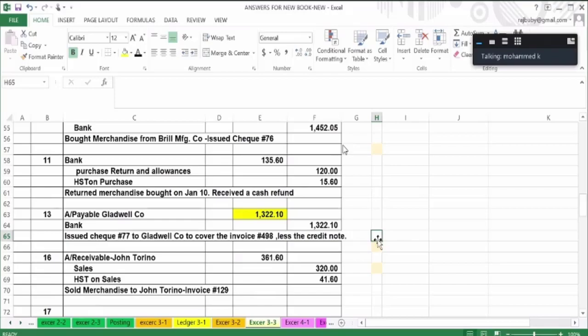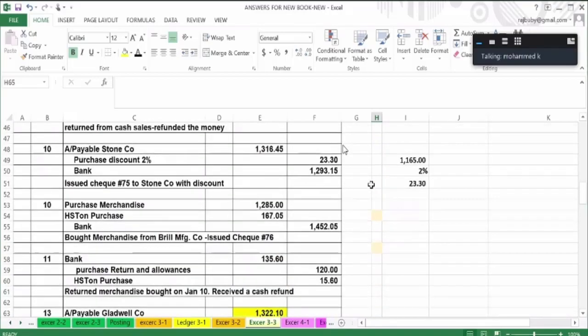January 17th. Issued a credit note to John Torino for a shortage in shipment on invoice number 129, $28 plus HST of 3.64. Basically, instead of debiting accounts receivable, we're going to credit that account.